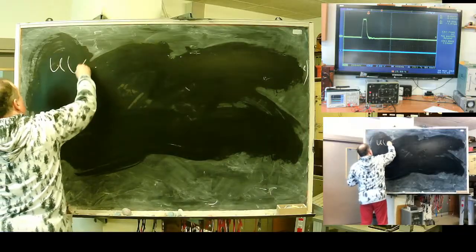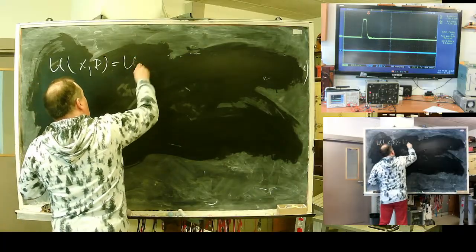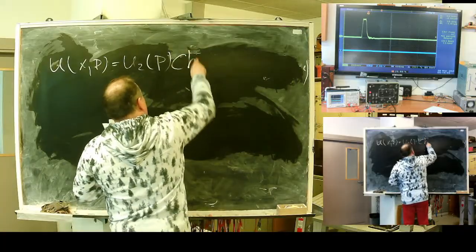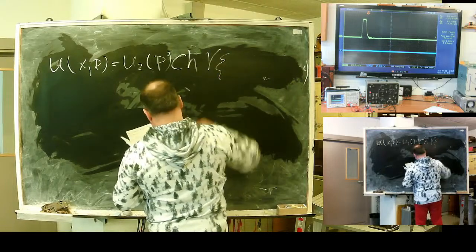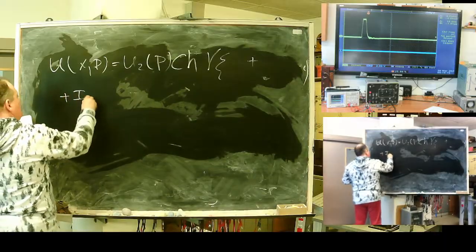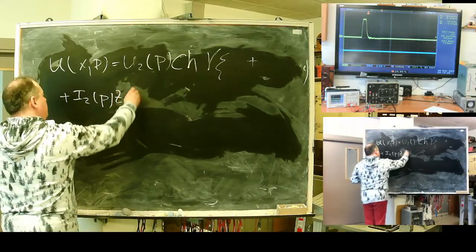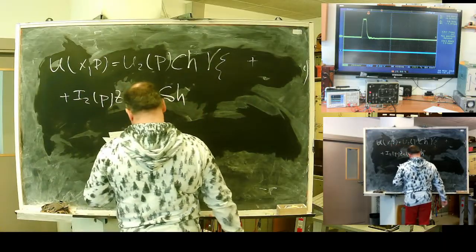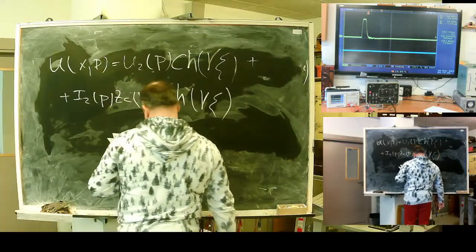So, voltage is the image of the receiving end voltage times hyperbolic cosine of gamma xi, plus current at receiving end times wave resistance times hyperbolic sine of gamma xi.